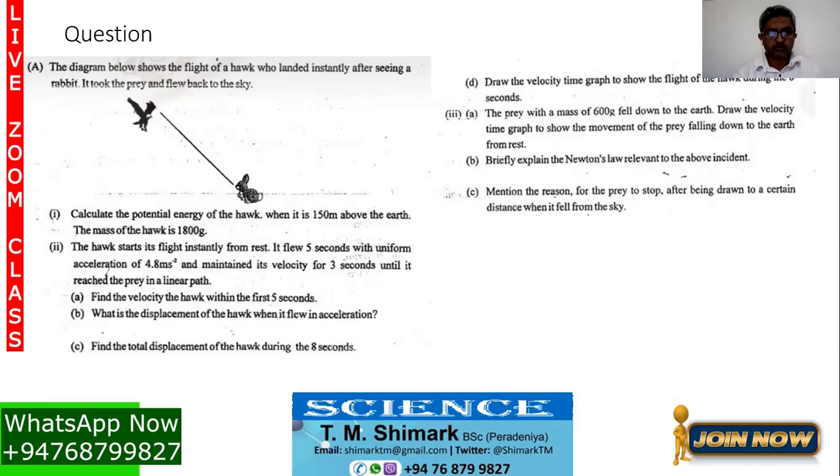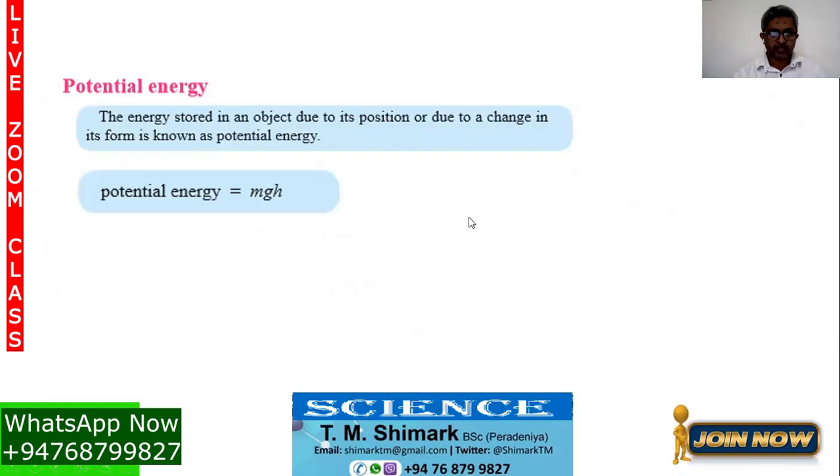Now if you see here, there are a few parts of the question. One part is about work and energy. Since we have work, power and energy, I'll start with potential energy, since there's a question about it.